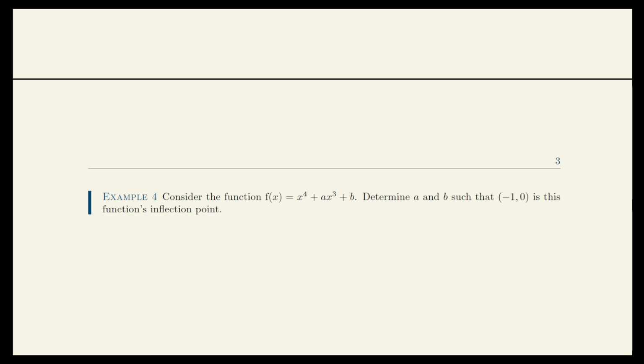And once more, if I(a, f(a)) is an inflection point, then f double prime of a is 0. So which of these statements, if any, is true from what you learned so far?